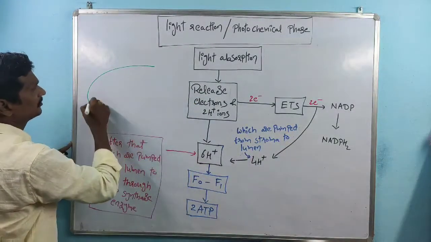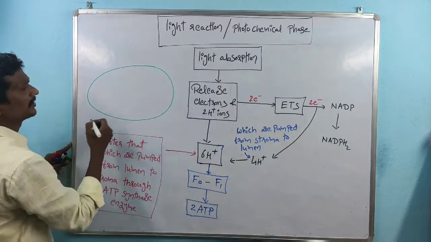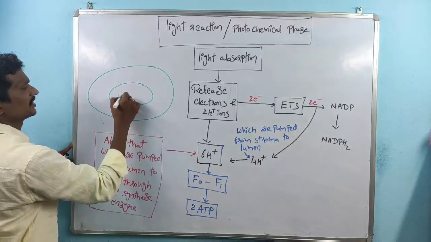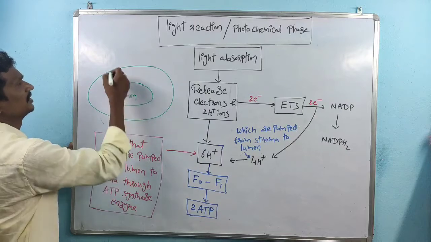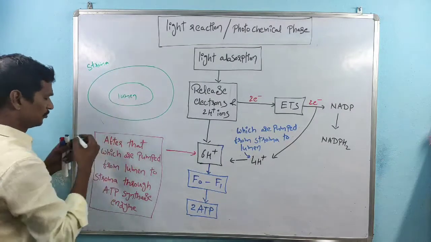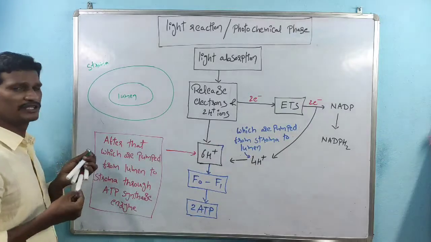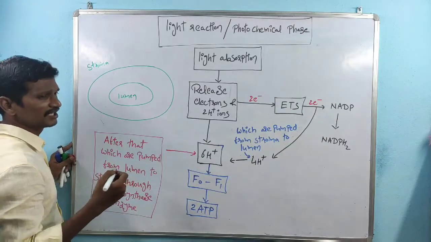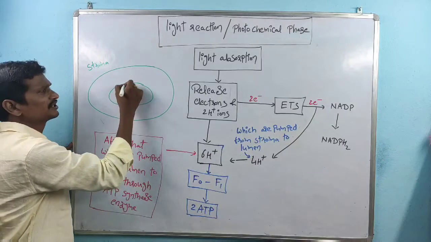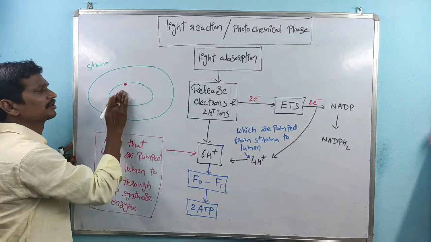This is one of the thylakoid membranes. This inside is called the lumen, and this part is called the stroma, right? Inside the lumen there is an oxygen evolution complex, which is involved in the photolysis of water.